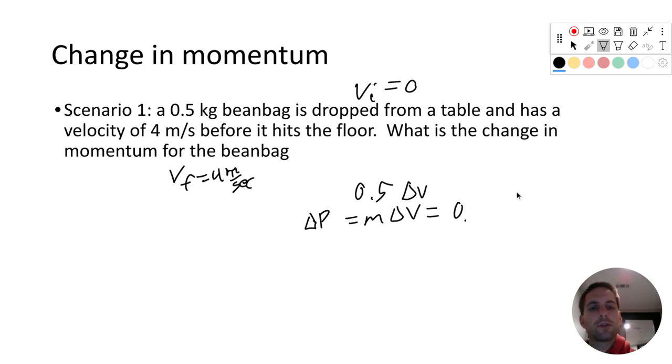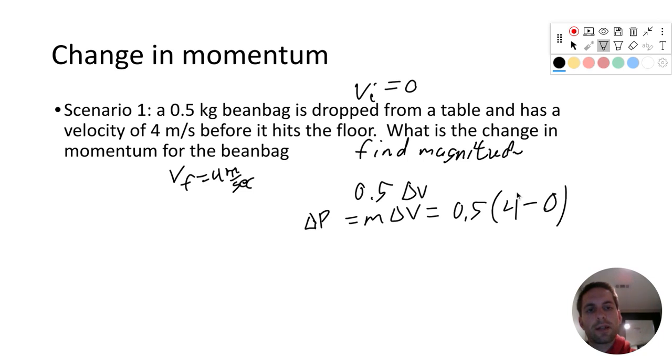Alright, my number is 0.5 times final, 4, minus an initial, 0. And we'll say the magnitude here, and the reason for that is I don't want to have to worry about which direction is up and which direction is down.